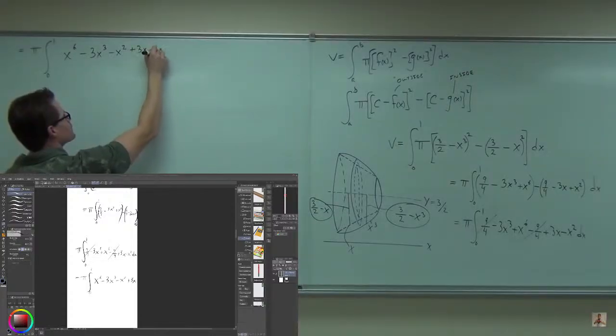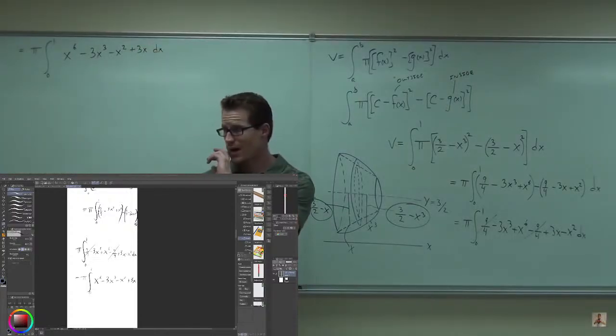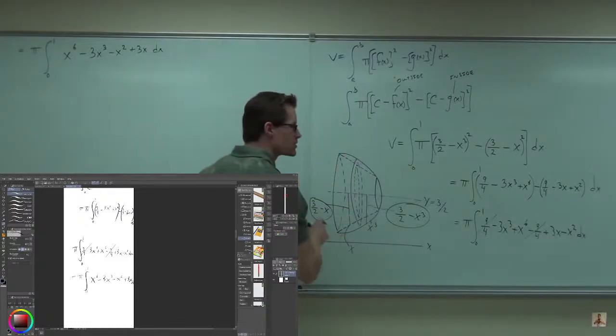Can you do the integral? Of course. Yeah, it's actually not bad, right? It's the setup that's hard. It's understanding that.